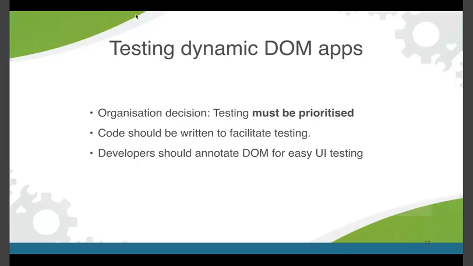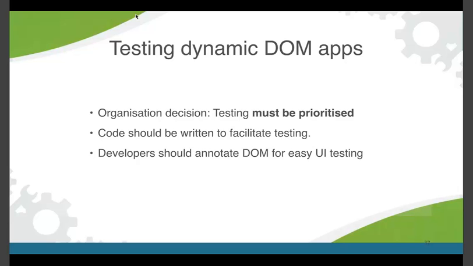And the way we see it, it really has to start with an organization-wide decision that testing has to be prioritized. And notice that that text is in bold, because this is really, really important that everybody is on the same page here. And the UI code, the JavaScript, the CSS, has to be written in a way that facilitates testing, so that you don't realize this after you've deployed the application.